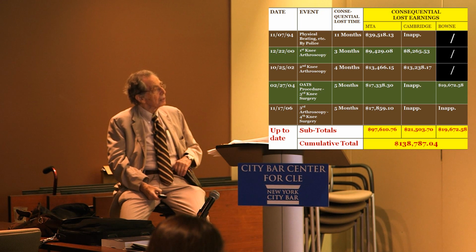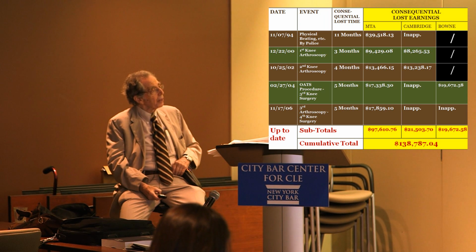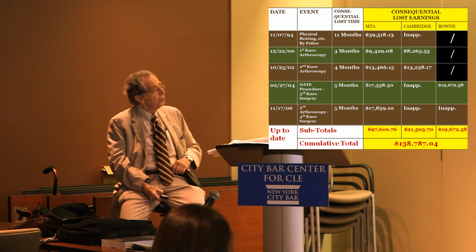But there was one wrinkle to this, because James Brown had 3 different jobs that he held following the beating by the police. Of course, he had his full-time day job, or really he worked at night actually, for the MTA as a subway car cleaner. But he also worked part-time for a firm called Cambridge Office Services.